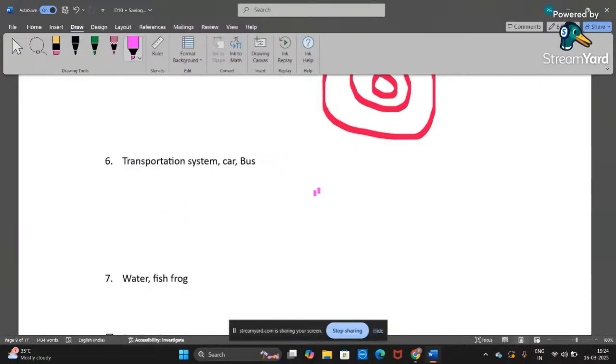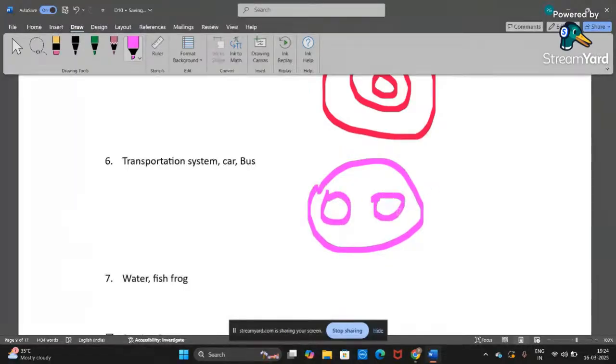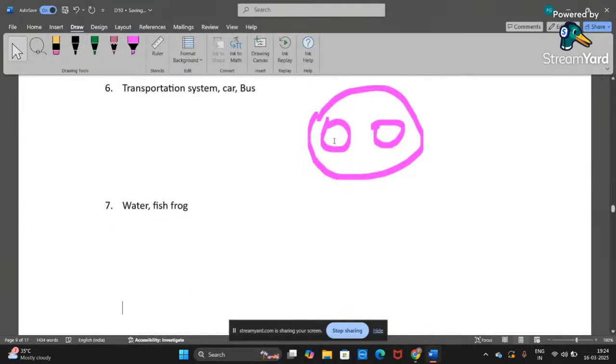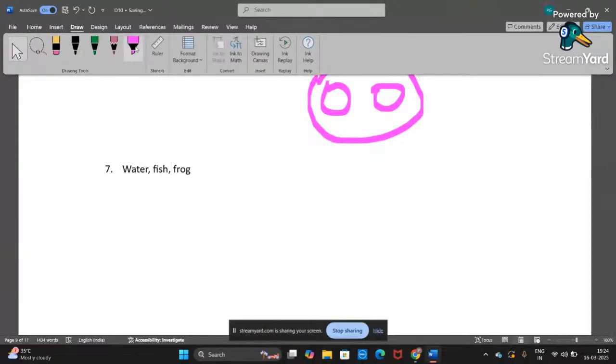Transportation system. Car and bus both come under transportation system, right? But car is different, bus is different. Right? This is the answer. Solve this. Water, fish, frog.